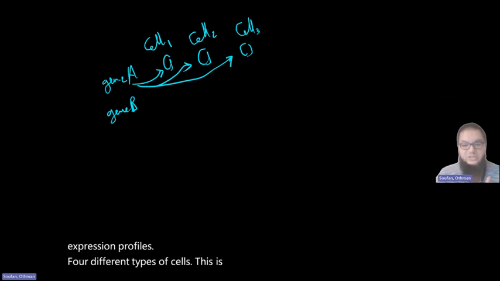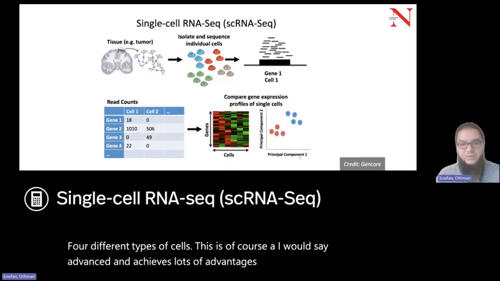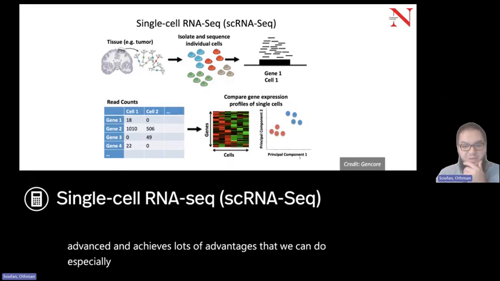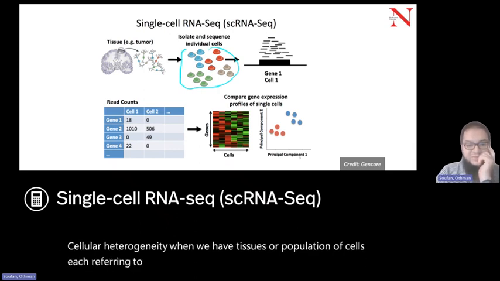This is, of course, I would say, advanced and achieves lots of advantages that we can do, especially working with cellular heterogeneity, when we have tissues or population of cells, each referring to different types.